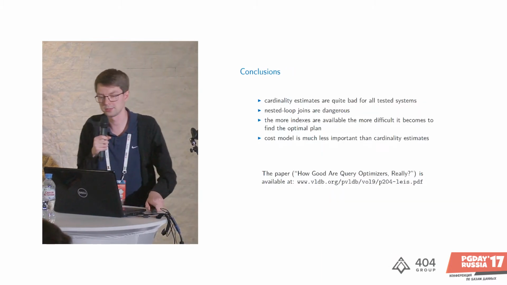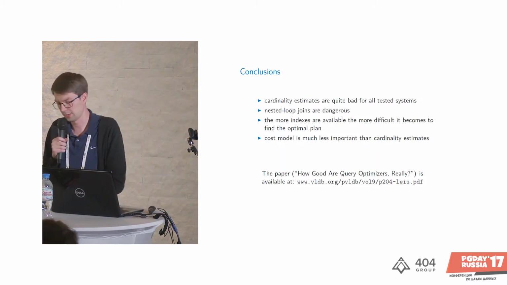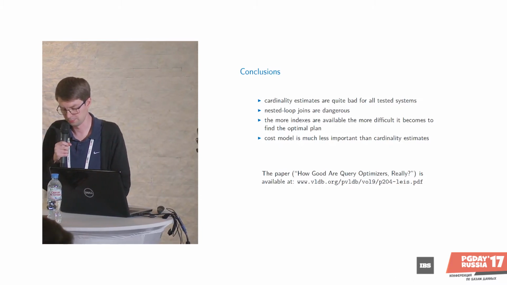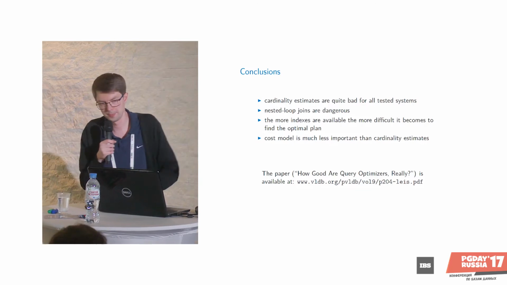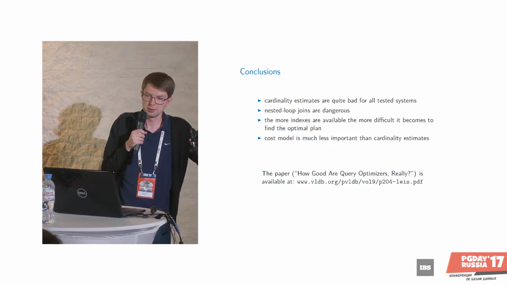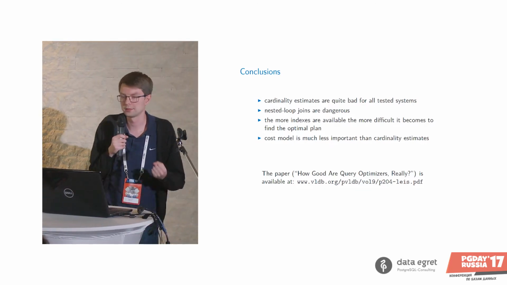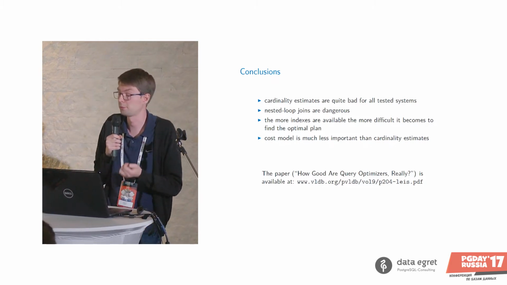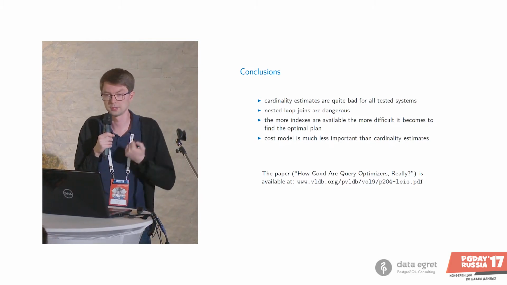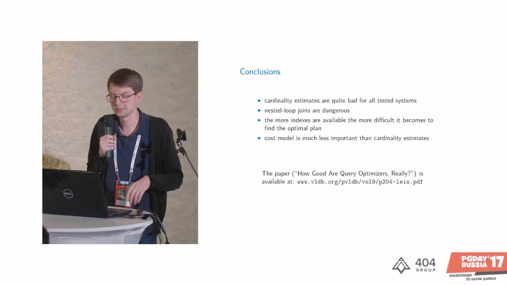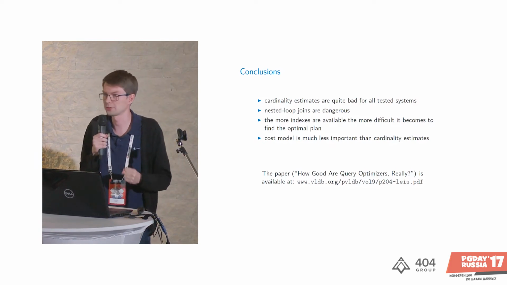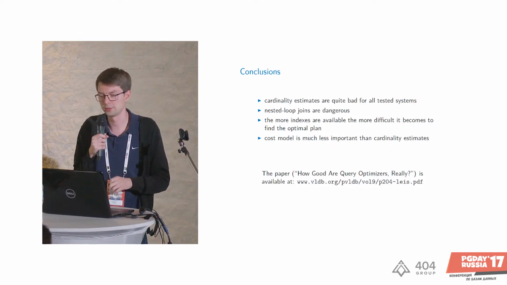Okay, so let me summarize this, and then we'll talk about the second part of the talk. The main take-home message is that cardinality estimates are really, really bad for all tested systems. Again, that vertical axis was a log scale, so you have huge errors all the time.